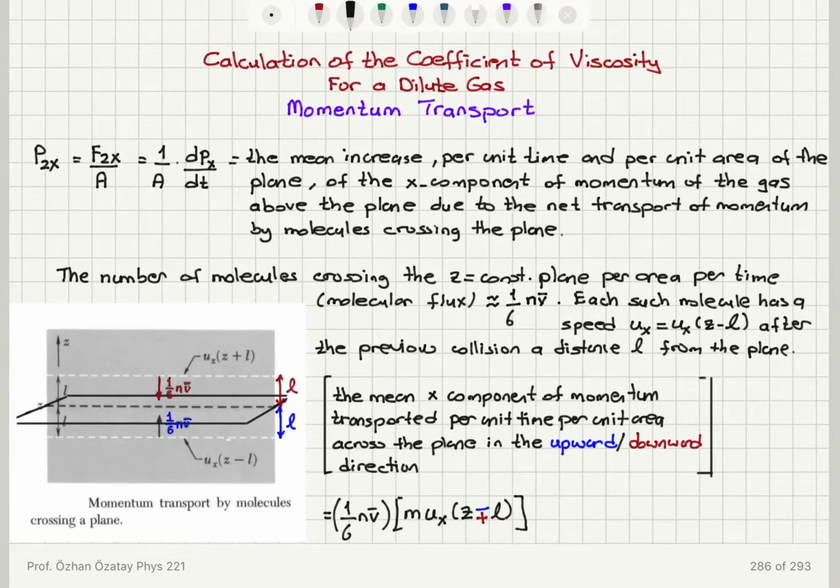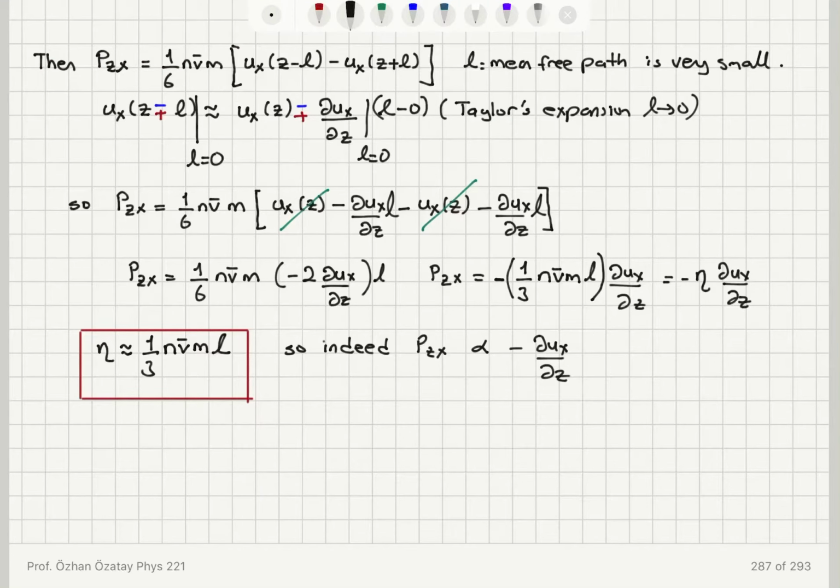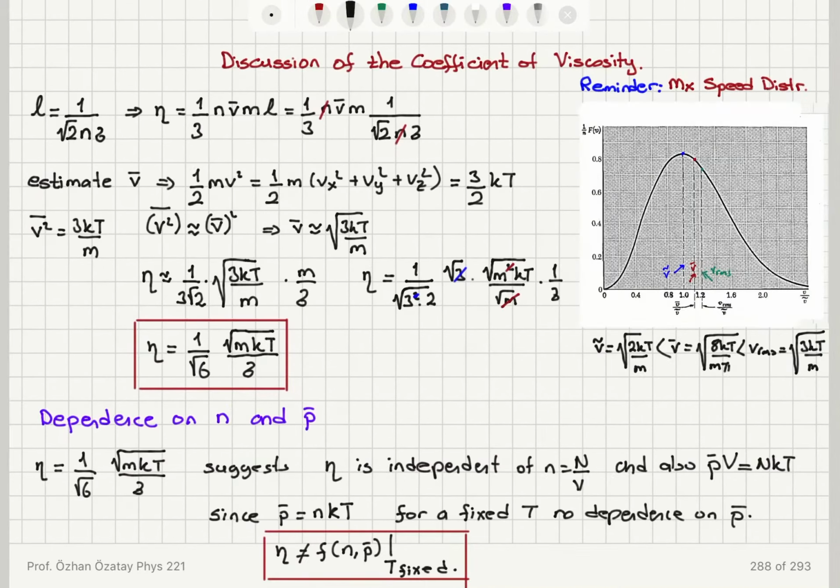It's the same thing we're talking about, except that in this case we have the concentration gradient, and there we had the momentum at Z minus L and Z plus L, and we have found that for L equal to 0 we can use this Taylor's expansion and obtain a similar result.